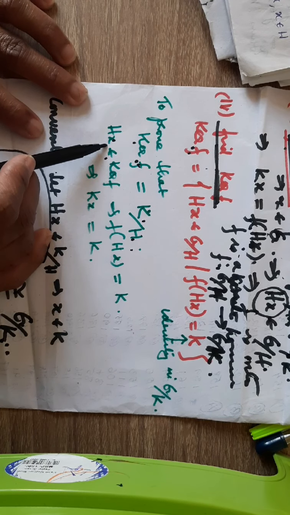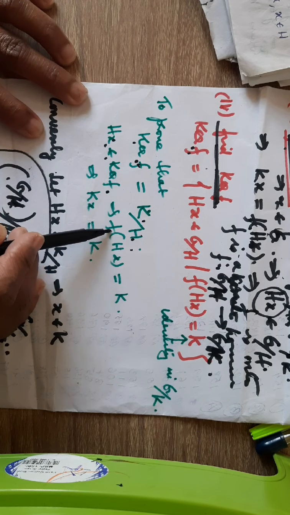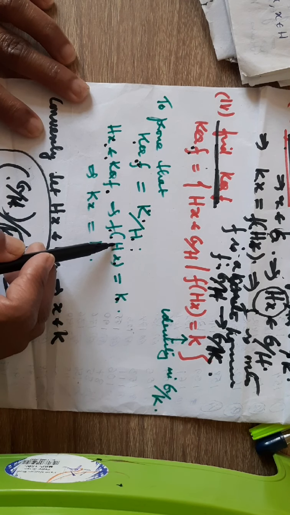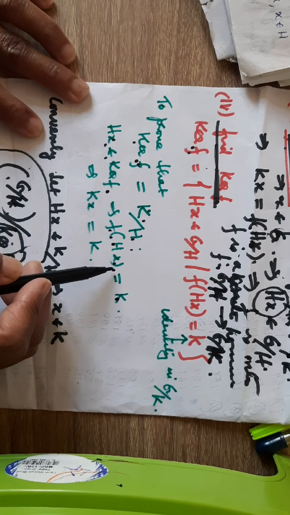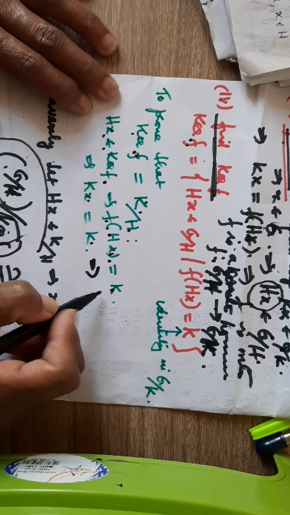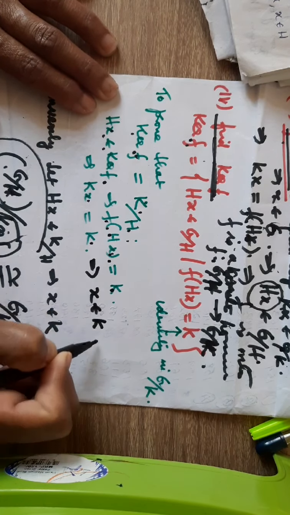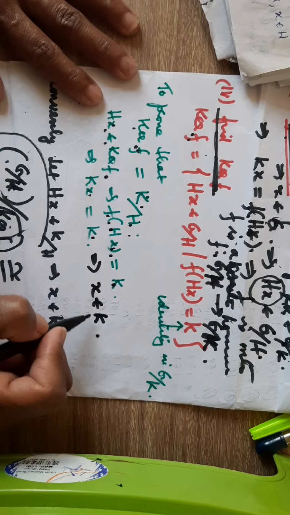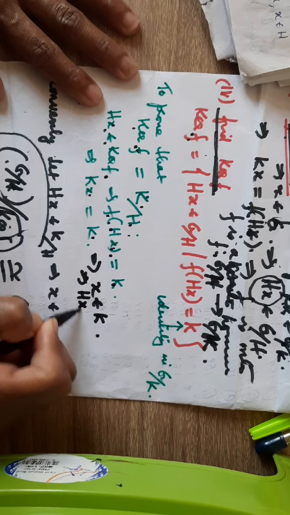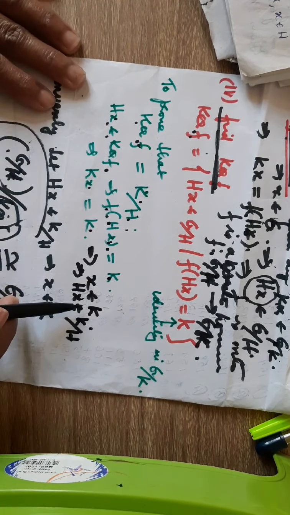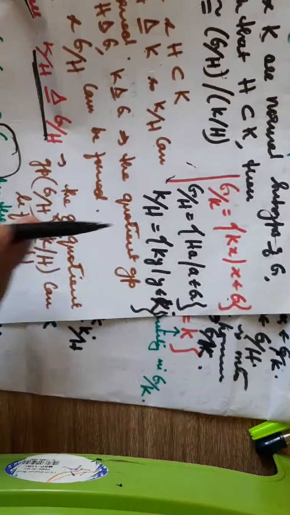So Hx belonging to kernel of F, by definition, will imply that F of Hx must be equal to K. Now what is F of Hx? By the definition that we defined on F, it is Kx. So Kx is equal to K. And this implies that x belongs to K. Now if x belongs to K, it implies that Hx will belong to K by H, the quotient group K by H. Because what is the definition of K by H?